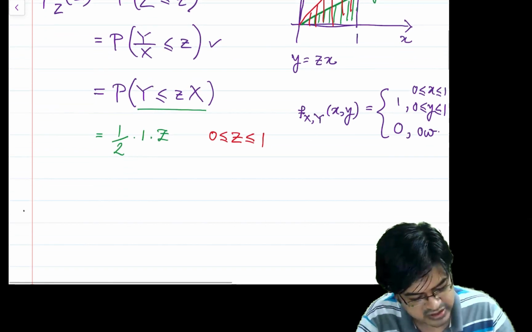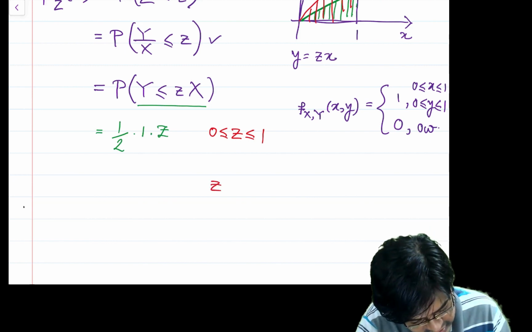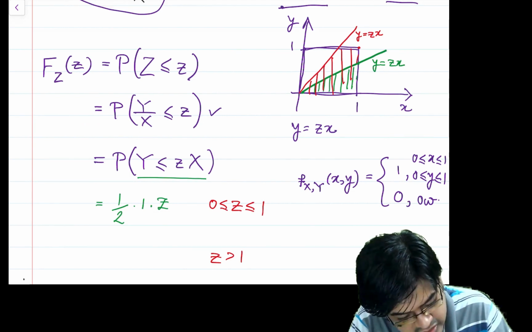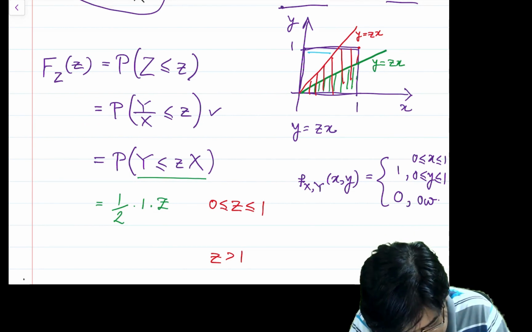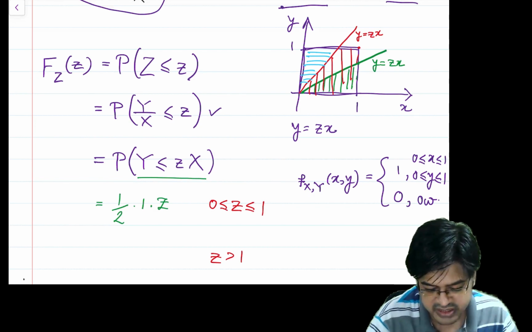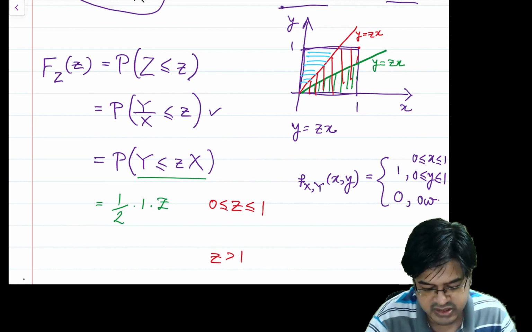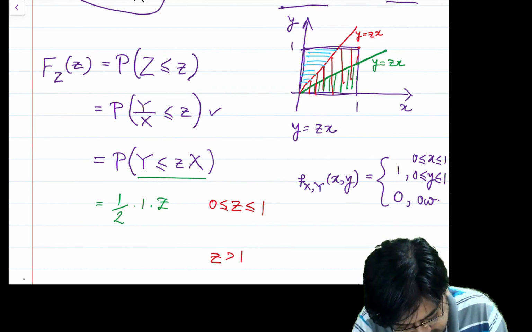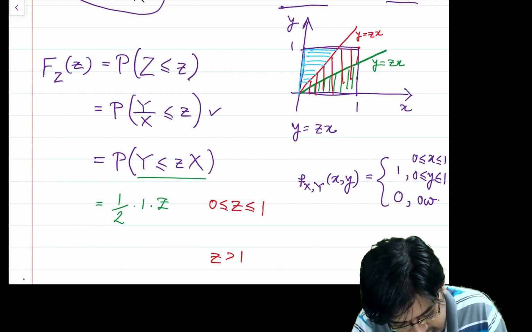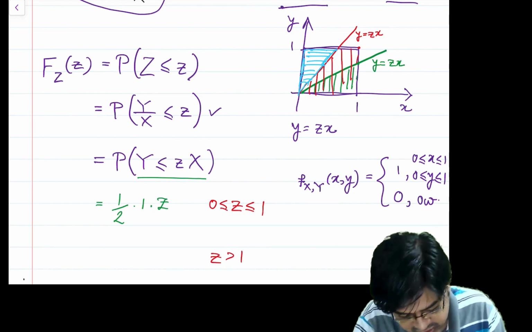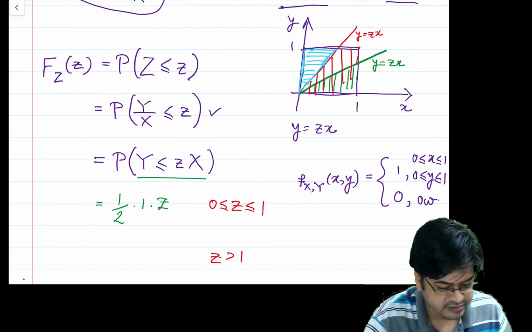Then for z greater than 1, what I can actually consider is the area of the triangle which is covered by this, and you know this random variable is uniform and this is the area on which the random variable is spread. So the integral of the density over this particular thing will be 1. So in this particular case, if I compute this area and subtract it from 1, then I will get my answer, the area which is marked in red.